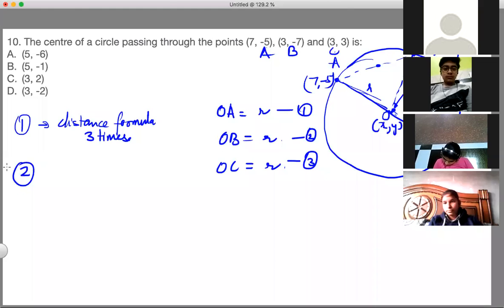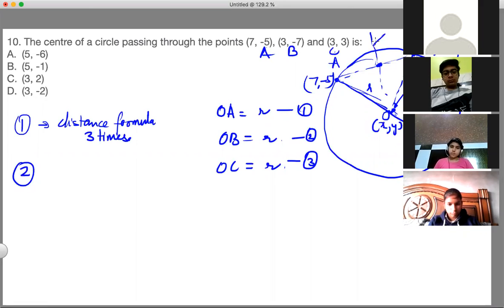What is the other way to solve this problem? The other way to solve this problem is, this is a chord, right? We can find the midpoint. We take another chord, any other chord, we find the midpoint. Then we find the slope of this line AB. We know how to find the slope. Then we can find the slope of a perpendicular line.